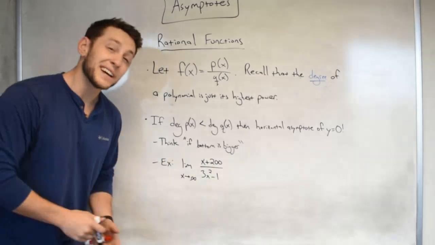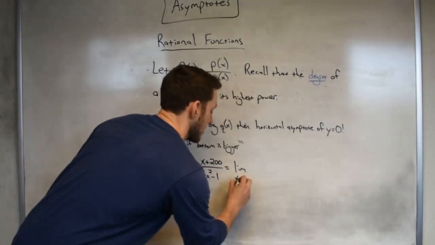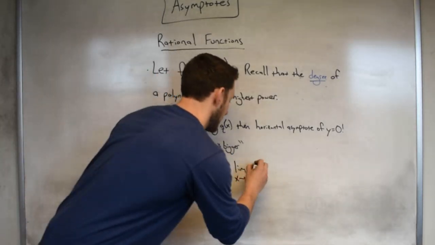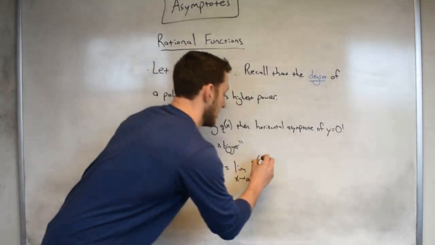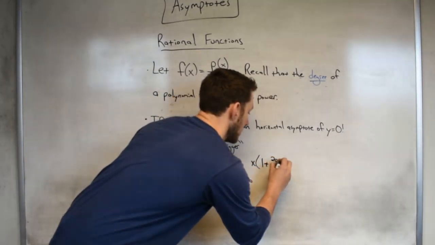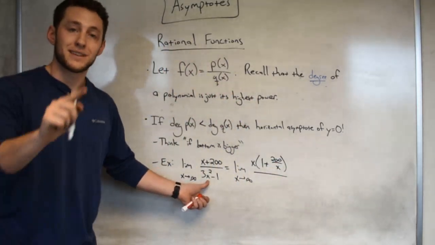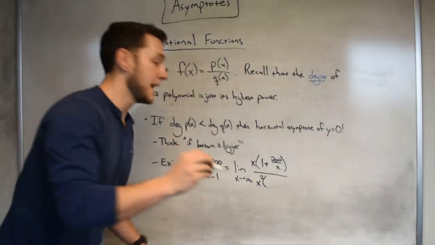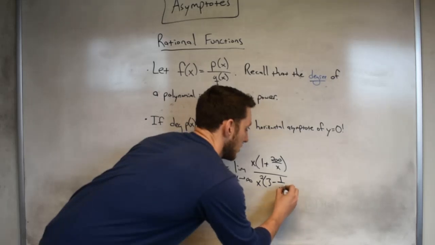However, algebraically, what we could say would be by utilizing our trick. Factor out the biggest power. On top, that's just an x, and we're left with 1 plus 200 over x. On bottom, the biggest power is an x squared. So I'm left with x squared times 3 minus 1 over x squared.